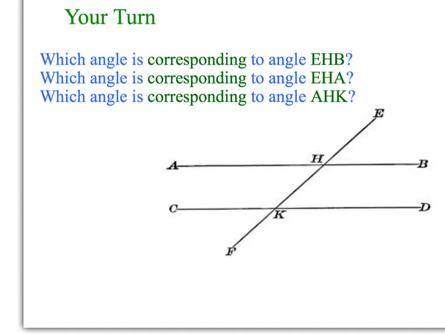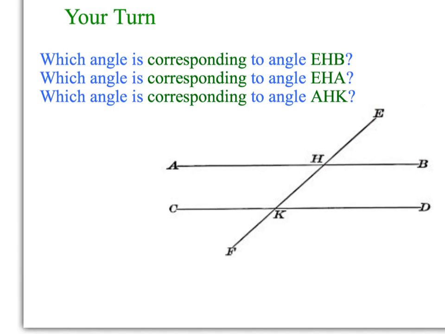Alright, now it's your turn to see if you can figure out the corresponding angles. So what angle is corresponding to angle EHB? So this is EHB. This is the angle. So what's the corresponding angle to this one? Pause the video, see if you can figure it out before I tell you.